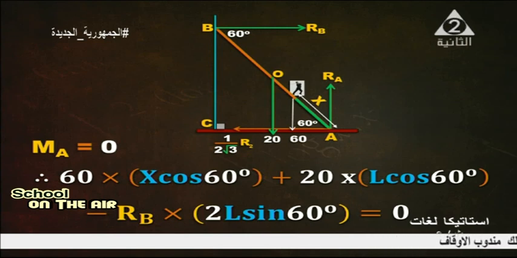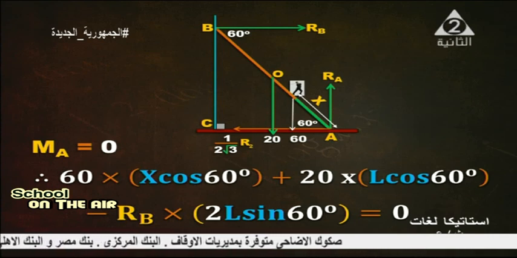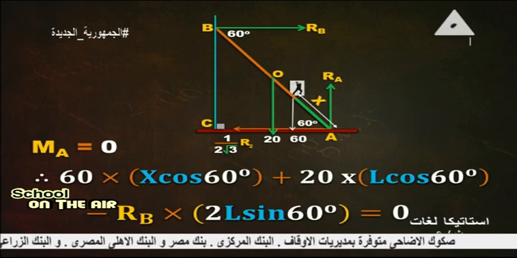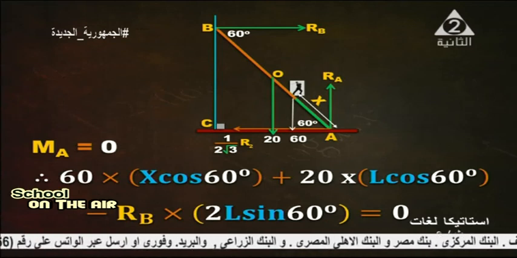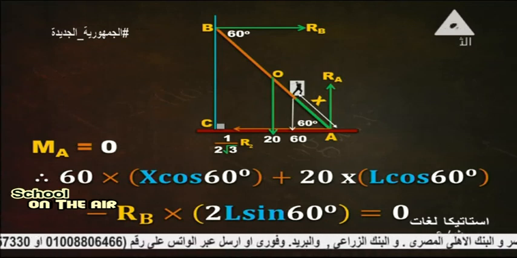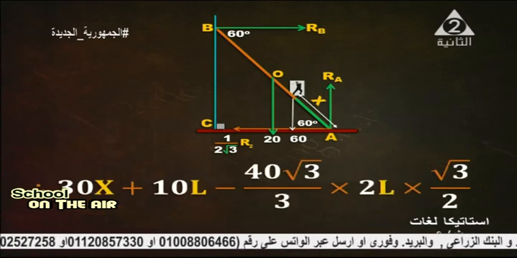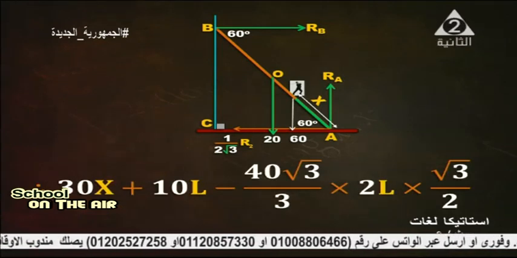Therefore, moment at A equals 0: the weight of the man, 60, multiplied by the perpendicular distance from A, x cosine 60. The ladder's weight is 20. What is the distance between the midpoint of the ladder and the point A? It equals L cosine 60.